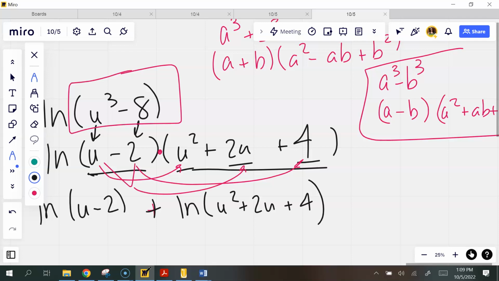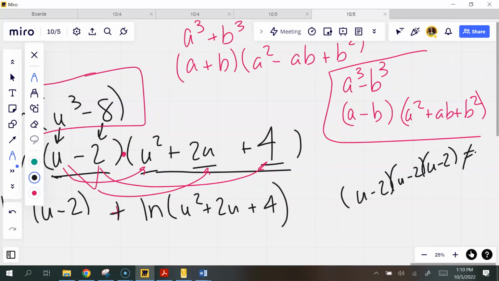That's not right. Because u minus 2 times u minus 2 times u minus 2 does not equal u cubed minus 8. No, it doesn't. Multiply it out. What would you say if these last two were pluses? These two multiplied together are a difference of 2 squares that give you u squared minus 4 if you pull it out. Yeah. Times u plus 2.